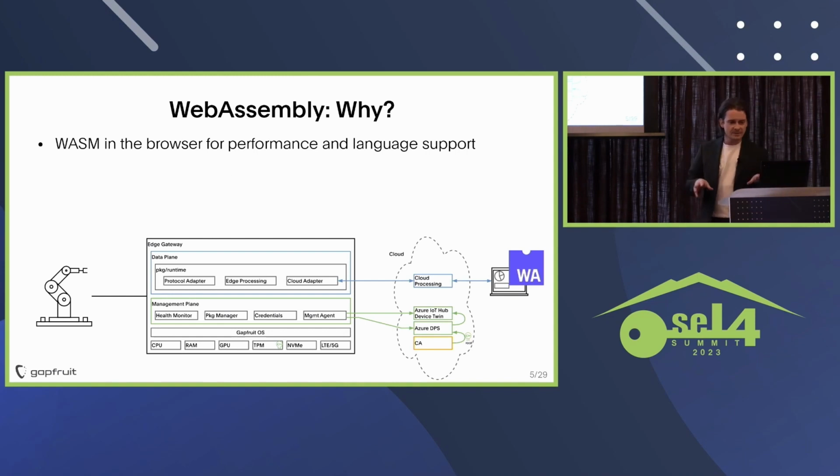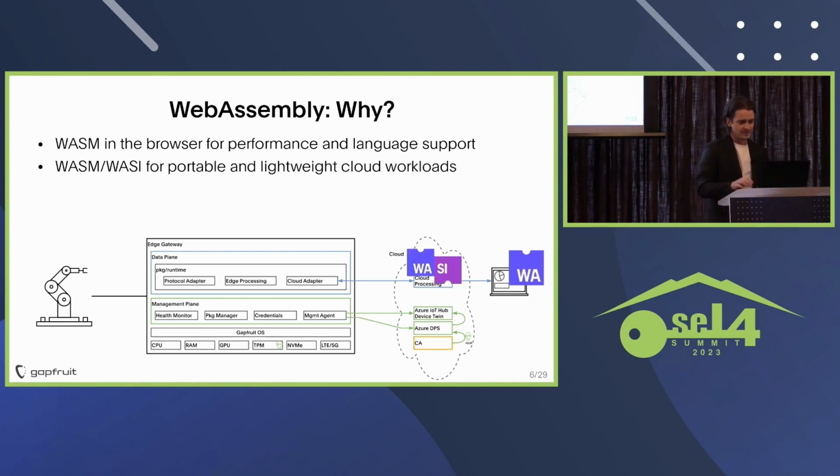So WebAssembly started to address a need to run existing applications in the browser. Examples are Photoshop, AutoCAD, whole databases, or LLMs. The cloud natives were like, this is neat. What if we could, the container ecosystem has become so bloated. What if we could use WebAssembly instead?